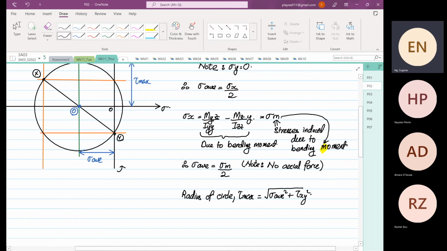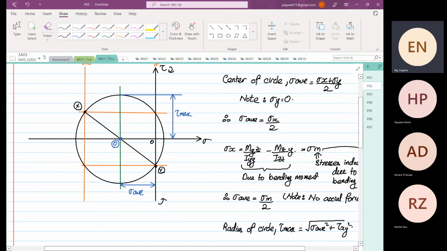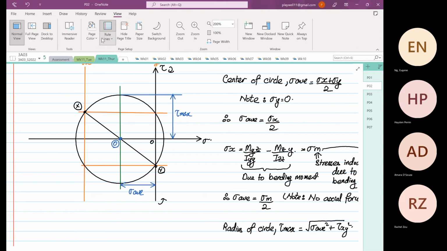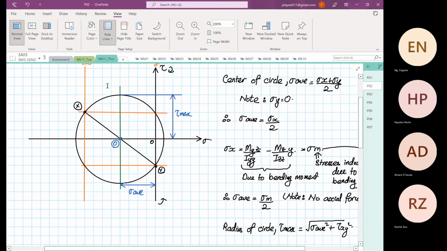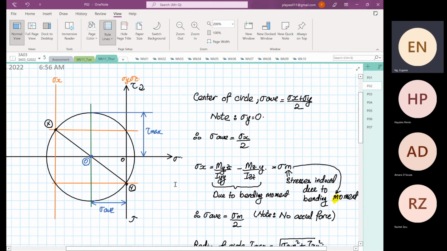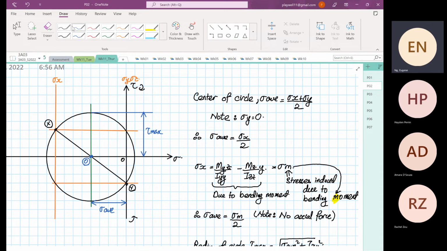So why is it important to know the tau max? Why is it so critical? If we were to construct the operating boundary, I'm going to sketch, or superimpose, the operating boundary due to the material property.